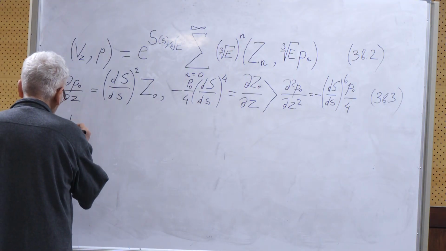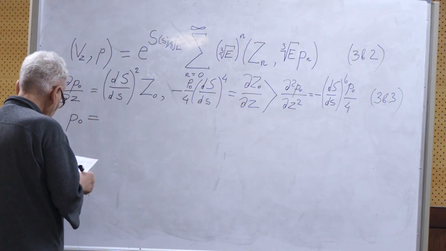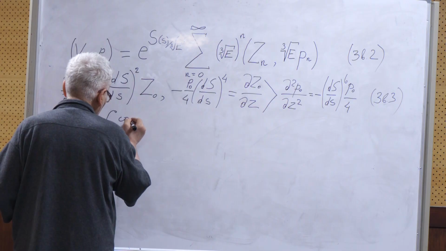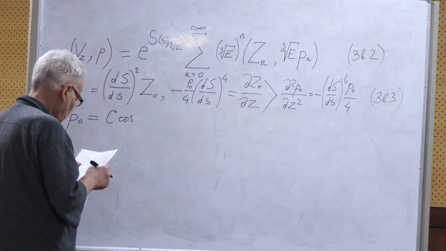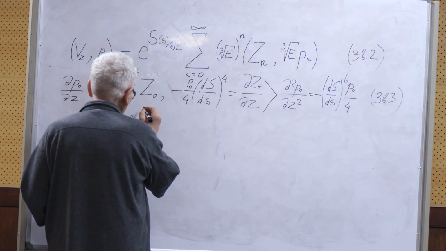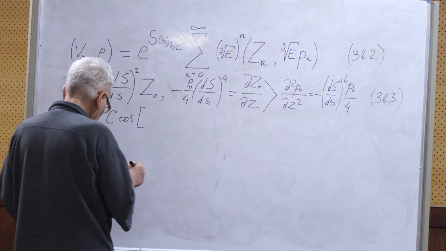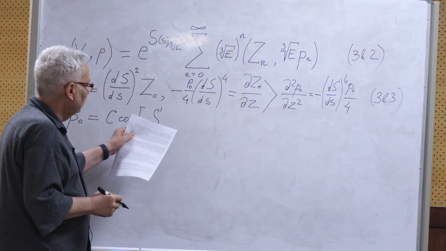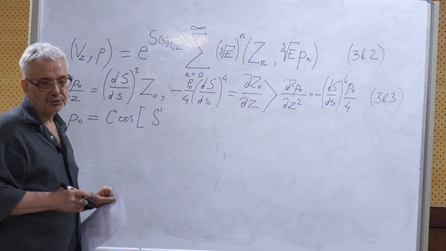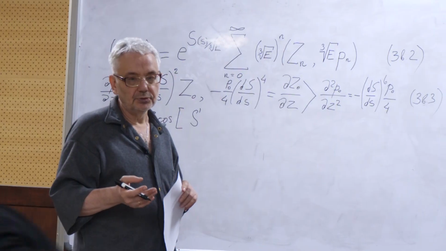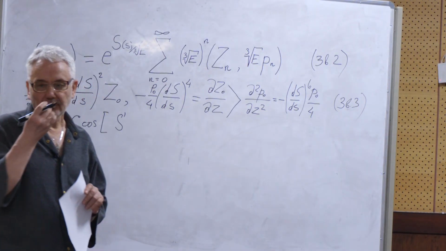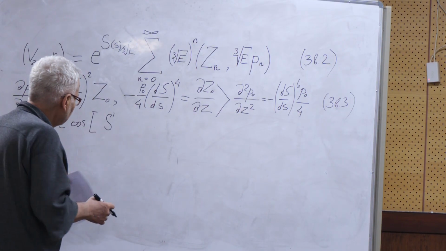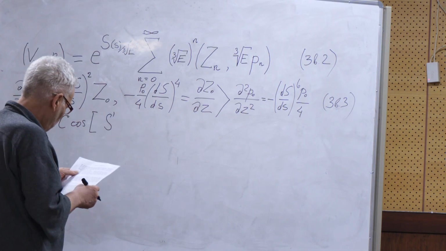So we have p0, this solution, some free constant, then cosine of S prime. Just to make these things shorter, we will denote by S prime the derivative of S with respect to the cylindrical radius. Of course, there is only one value which is determinant, so it's easy to understand that this is dS capital by ds small.